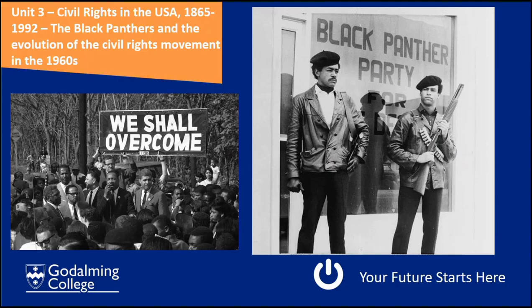This changes, and more radical groups such as the Black Panthers protest that not enough has been achieved and further change is needed, and they're arguing that groups such as politicians are dismissing these further concerns and feeling like enough has been done.